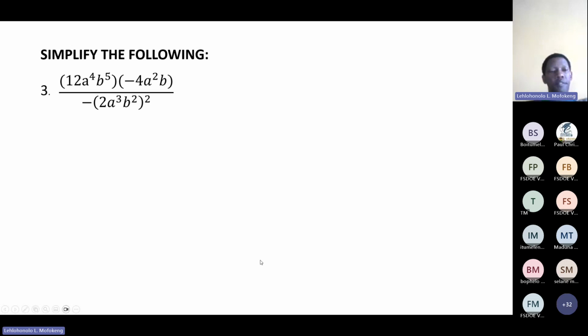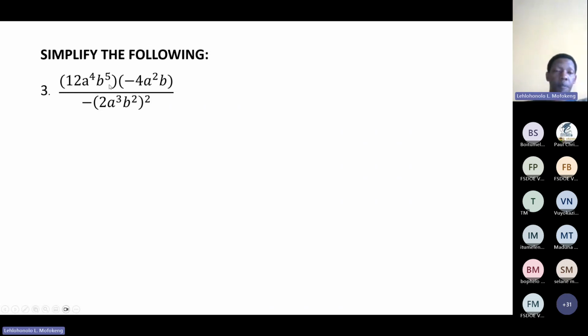We also have number 3, whereby we are also multiplying on the numerator. We are multiplying different bases. We have the same bases with variable a.